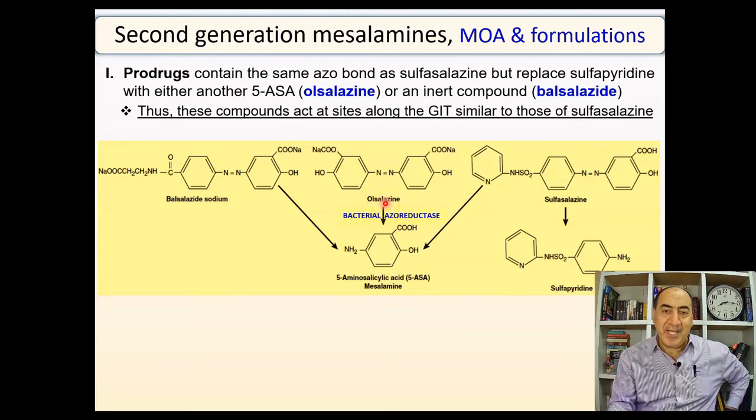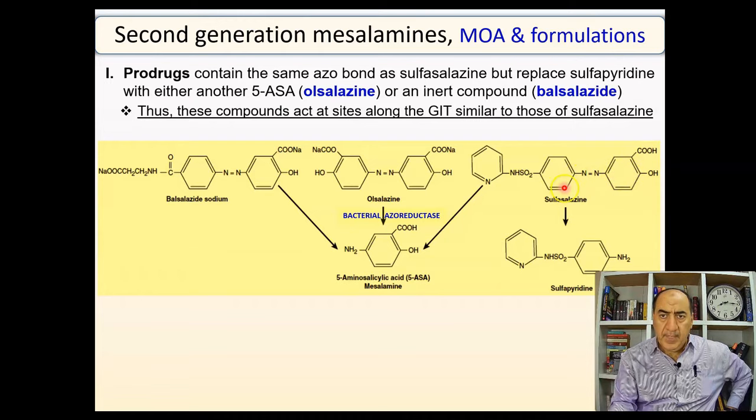I hope this helps. Consider it "olsalazine: all sal". Everything is sal. We have sal here, we have sal here, 5-aminosalicylic acid, 5-aminosalicylic acid. I hope this makes it easy for you to remember, because we have other drugs that we're going to talk about. Of course, sulfasalazine has the normal 5-ASA, but it's bound to sulfapyridine.